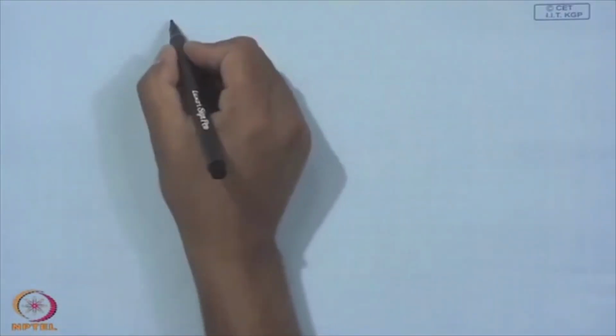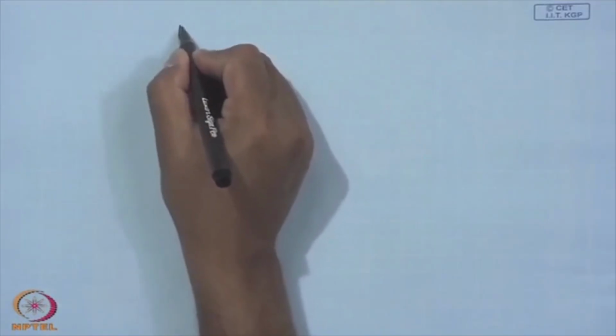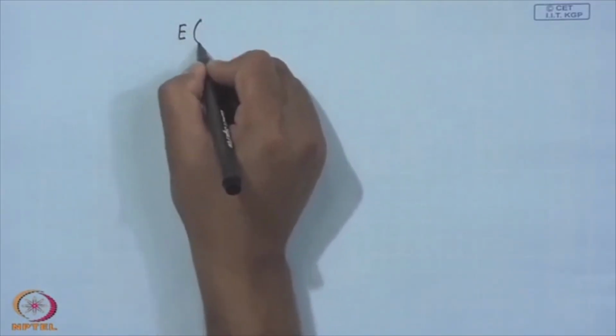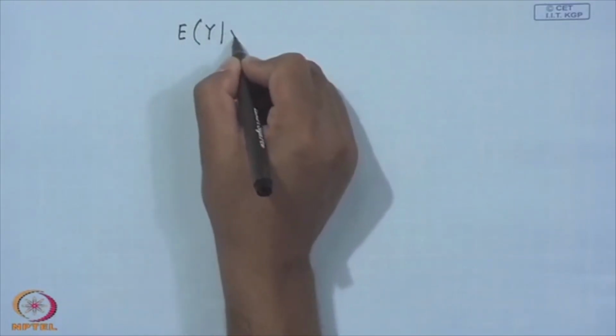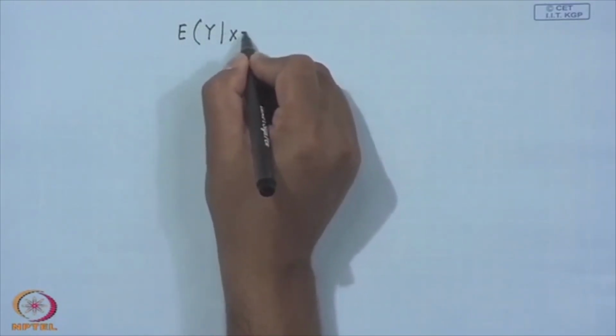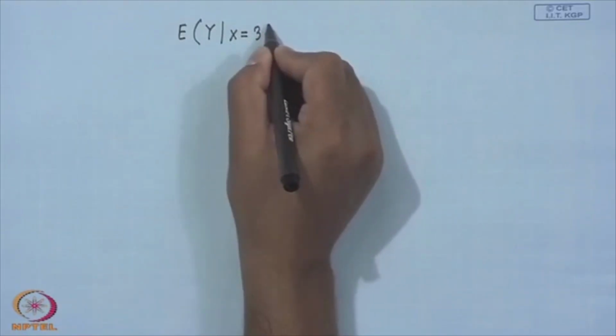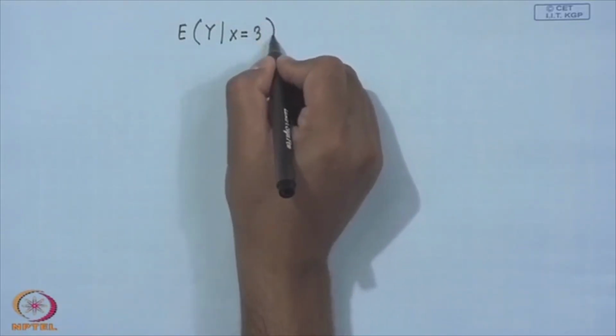Well, so how to do that? So, what we want is a confidence limit for E of y at x equal to 3. Okay.